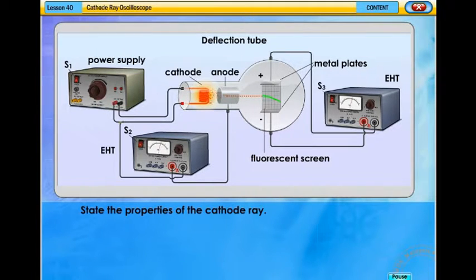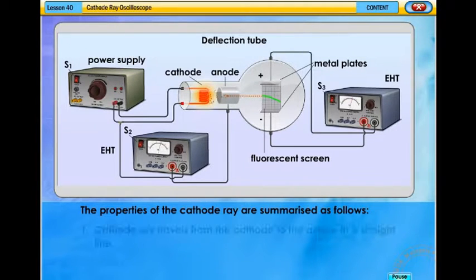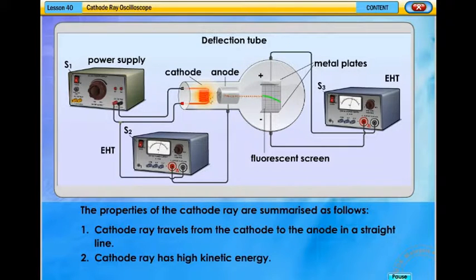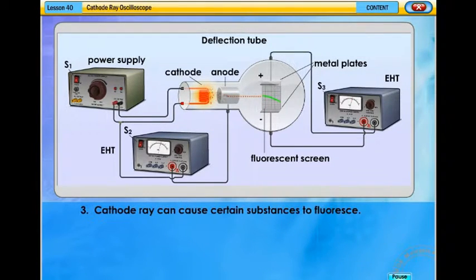State the properties of the cathode ray. The properties of the cathode ray are summarized as follows. 1. Cathode ray travels from the cathode to the anode in a straight line. 2. Cathode ray has high kinetic energy. 3.